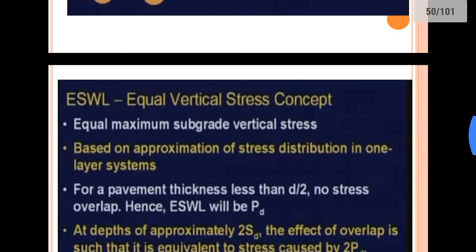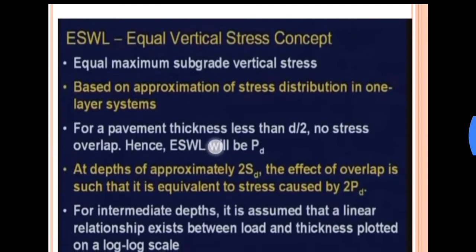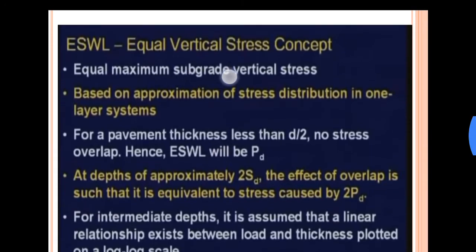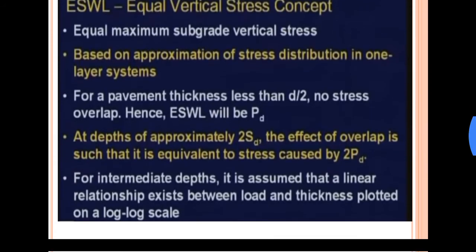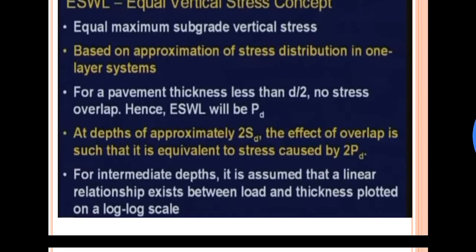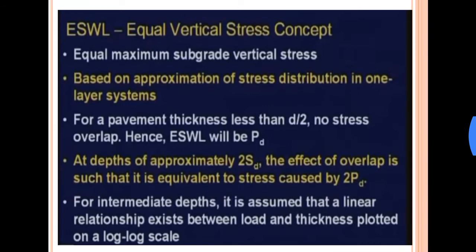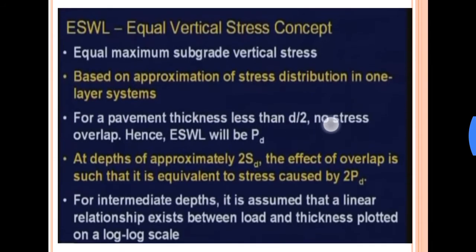That is nothing but the concept of equivalent single wheel load. So equal maximum subgrade vertical stresses, based on approximation of stress distribution in one layer, for a pavement thickness less than d by 2.